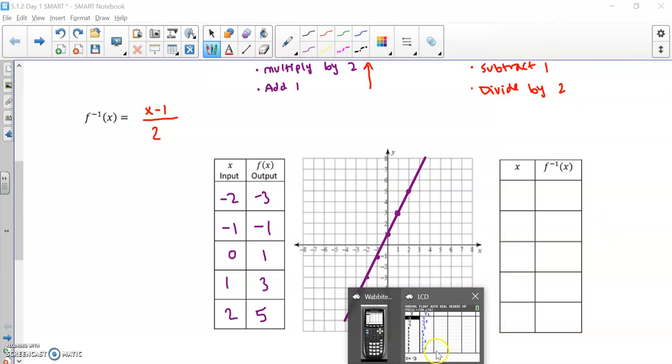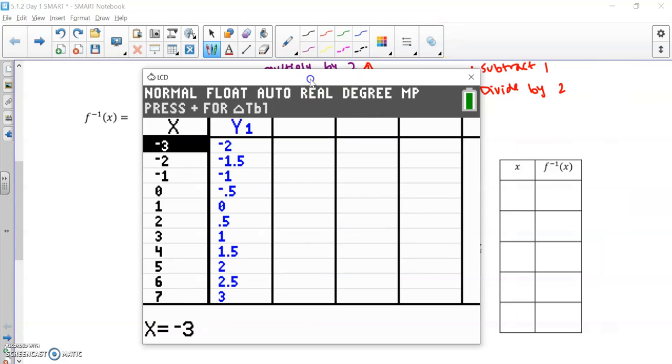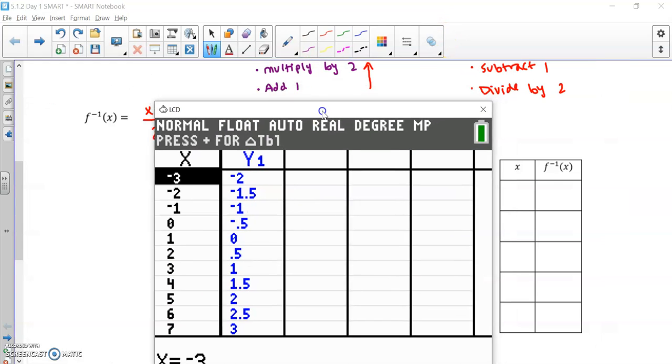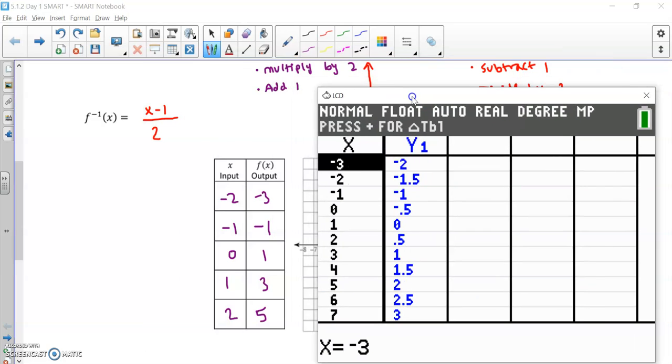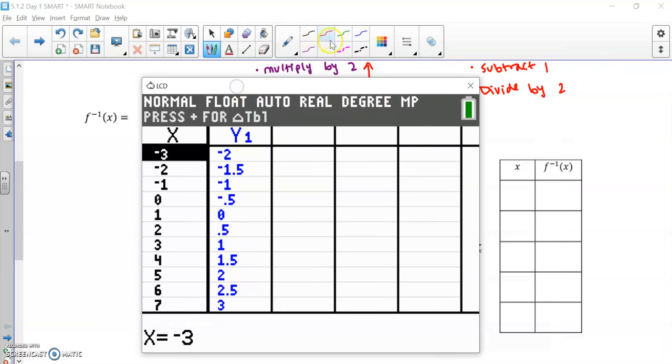Now, here's something that I want to point out to you. For the sake of what I'm trying to show you guys, we're just going to ignore the decimal points and use the whole number points instead. So what I mean by that is that I'll do -3, -2.